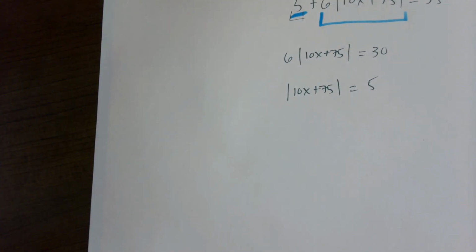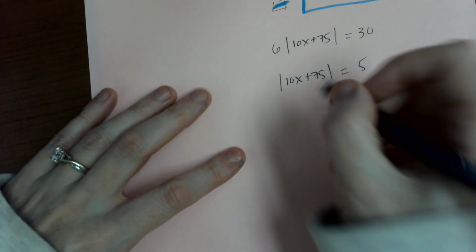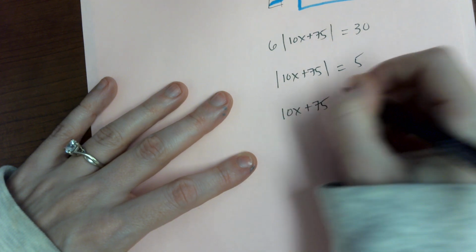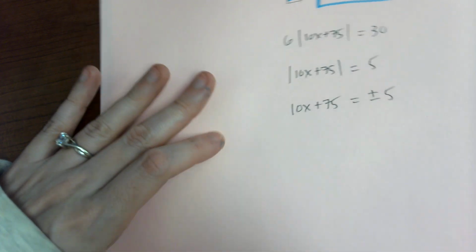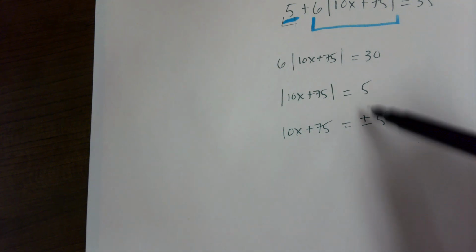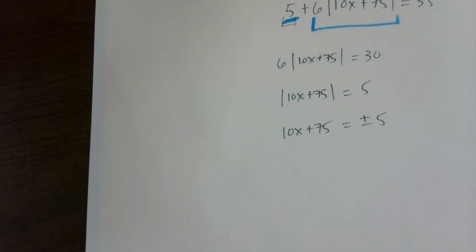Okay. And then we've got to drop the absolute value bars, which you can do if you go plus or minus in front of the right side. Because absolute value means distance from 0. And remember, if a thing is a certain distance from 0, it could be to the right of 0 or to the left of 0. So that's why we do plus or minus, because that shows the two possible locations on the number line.